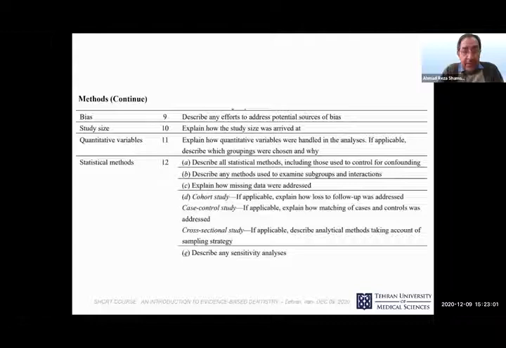About the quantitative variables, as the 11th item, explain how quantitative variables were handled in the analysis. If applicable, describe which groupings were chosen and why. You may know that in statistics we mainly have two types of variables: quantitative and qualitative.